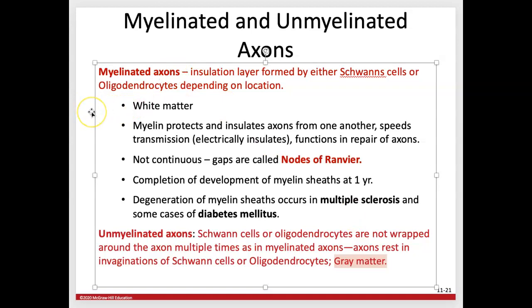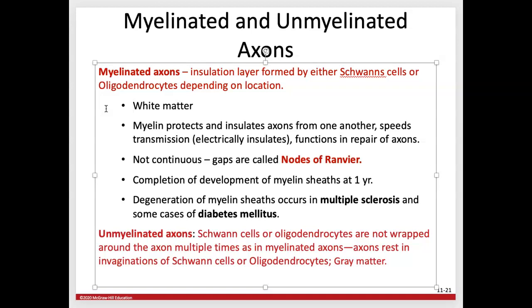Back to the myelination. Myelin has a couple different functions. It protects and insulates axons. It helps to speed up transmission. It electrically insulates. And it can also function in repair of axons. The myelination is not continuous. It's not one long strip. There are gaps, and those gaps are referred to as the nodes of Ranvier.